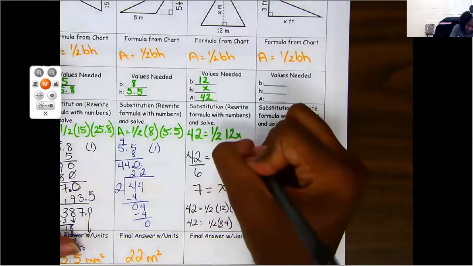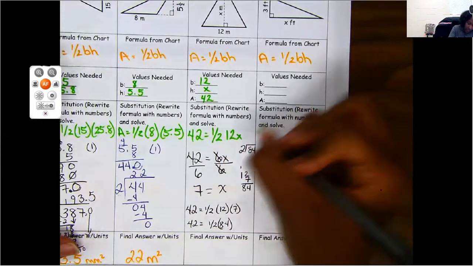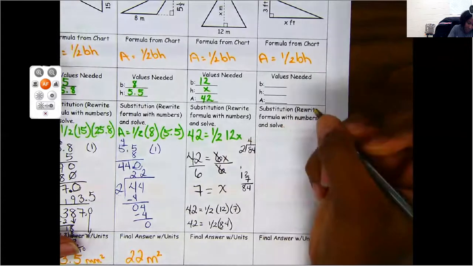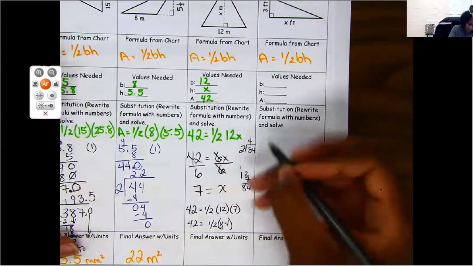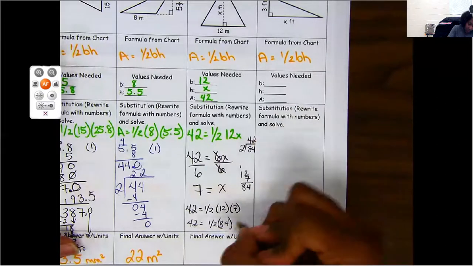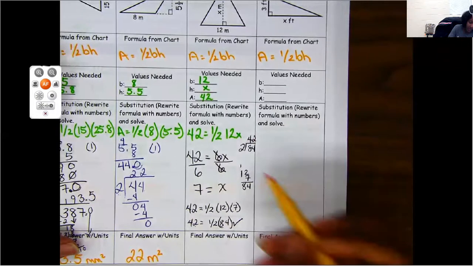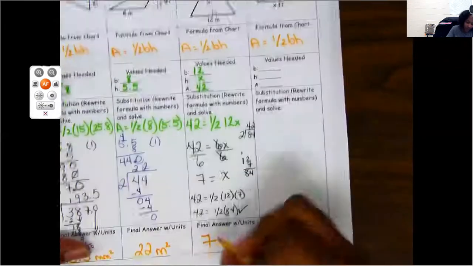If I divide by 2, 2 times, what times 2 gives you 8? 4. What times 2 gives you 4? 2. So 42 is equal to 42. So it checks out. So my height is 7 meters.